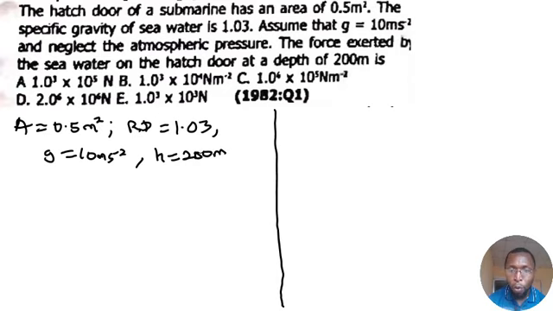Now we have to find the force. That's the question: the force exerted by the seawater on the arch door at this depth. So we're looking for F, the force, which is unknown here. How do we get that? Going through the options alone, you know the unit of force is Newton. If you have Newton per meter squared as an option, you know that is off.